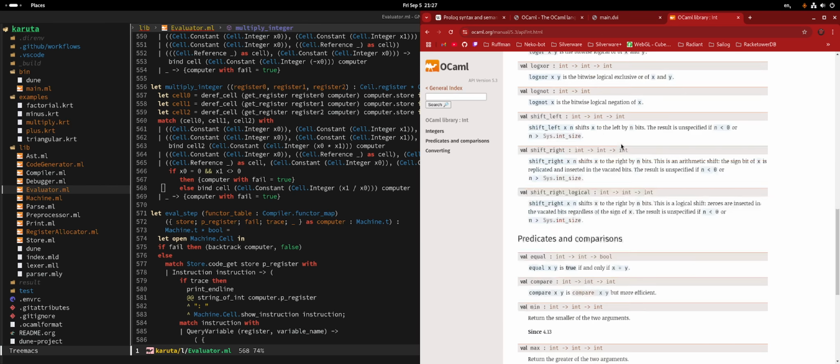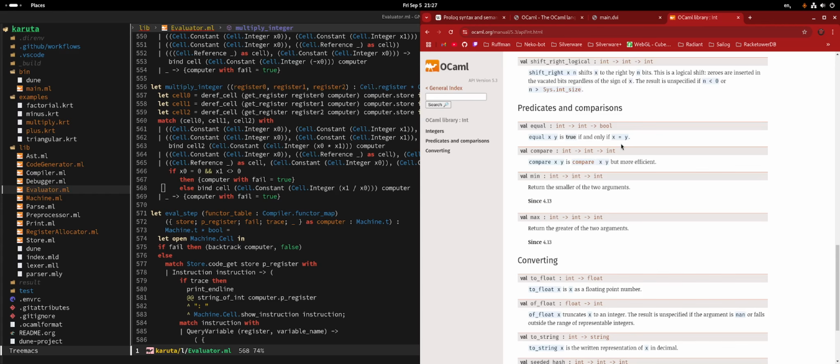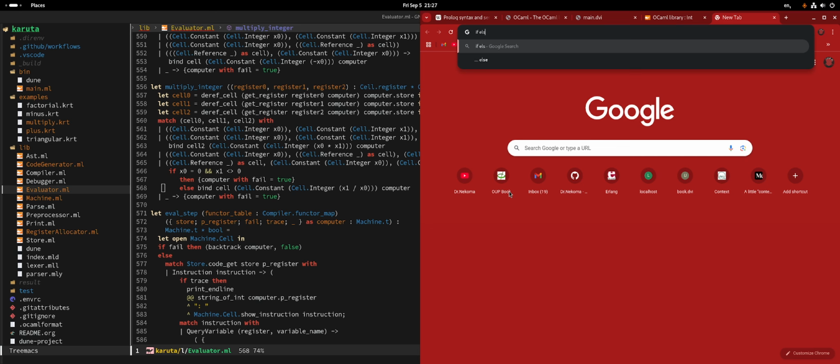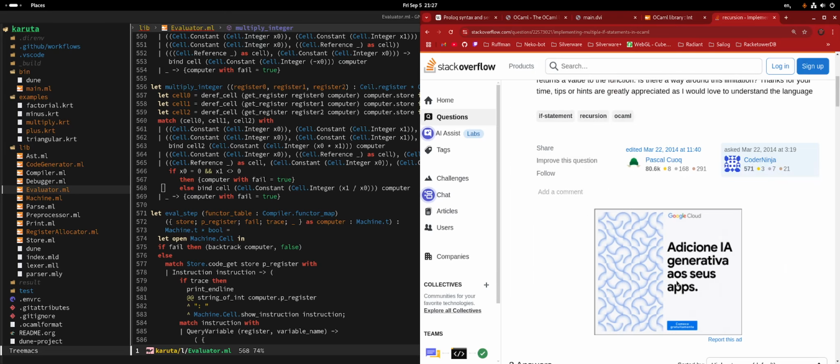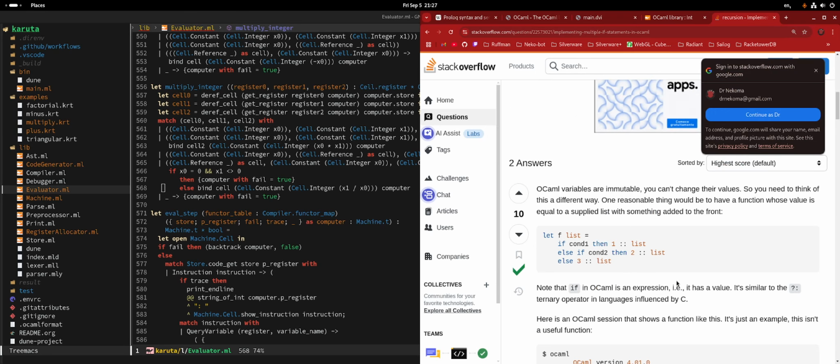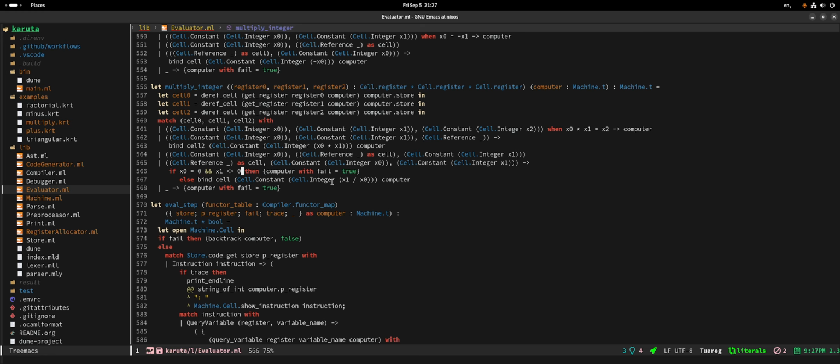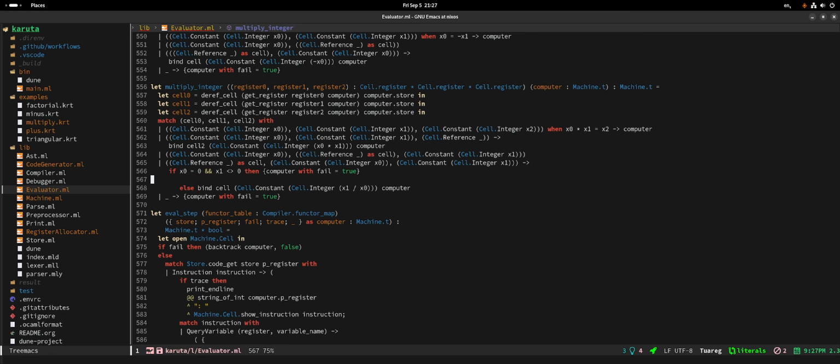We should look at mod. If the mod is 0, then it's okay. If it's not 0, we should fail. Do we have else ifs in OCaml? Yeah, we do. Okay, so I guess we can say else if.